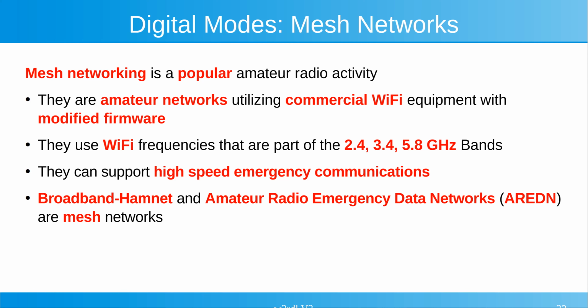So you have multiple paths and you can pass information between the Wi-Fi routers. And because you're operating under license, you can up the power, whereas if you go buy a Netgear off the shelf, it's what? 10 milliwatts or something.